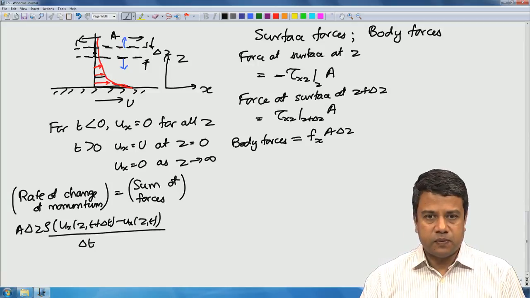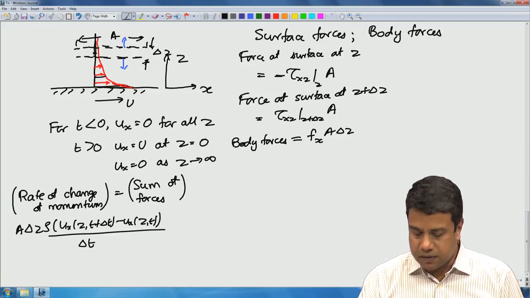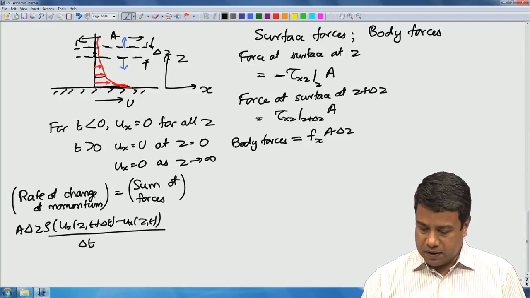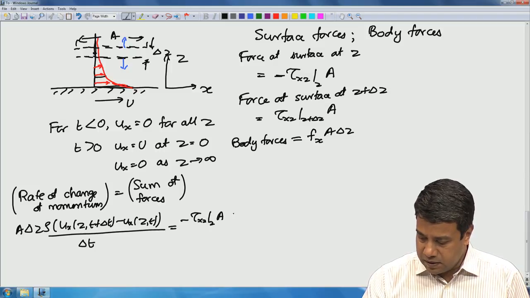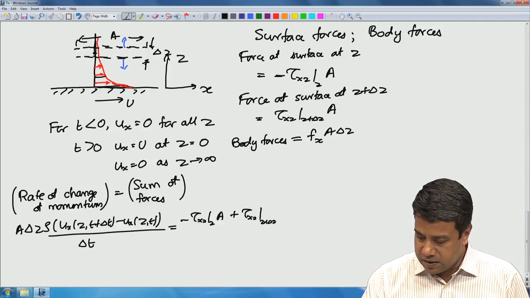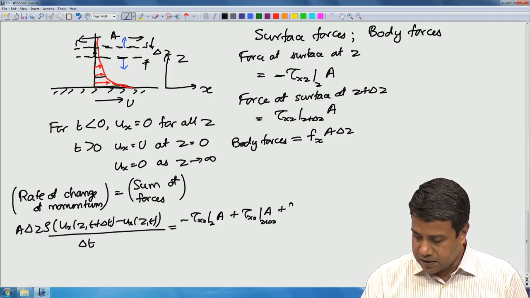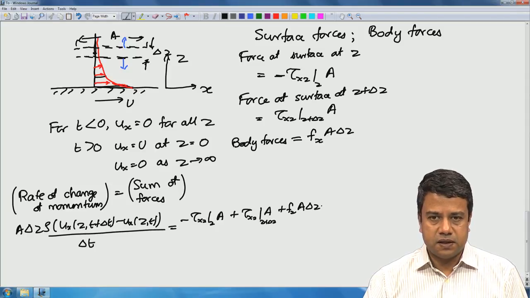So, these two have to be put into the conservation equation. So, this is equal to minus tau x z at z times A plus tau x z at z plus delta z times A plus f z A delta z. That is the total equation.